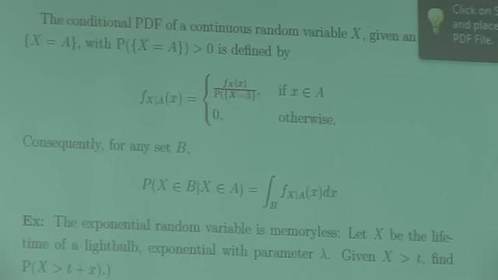X has to be in A because we know that x is in A. So outside of A, the PDF has to be 0 now. And then what we're doing by dividing by the probability that x is in A, there's a typo here, is just normalization to ensure that the resulting conditional PDF is a legitimate PDF that integrates to 1.